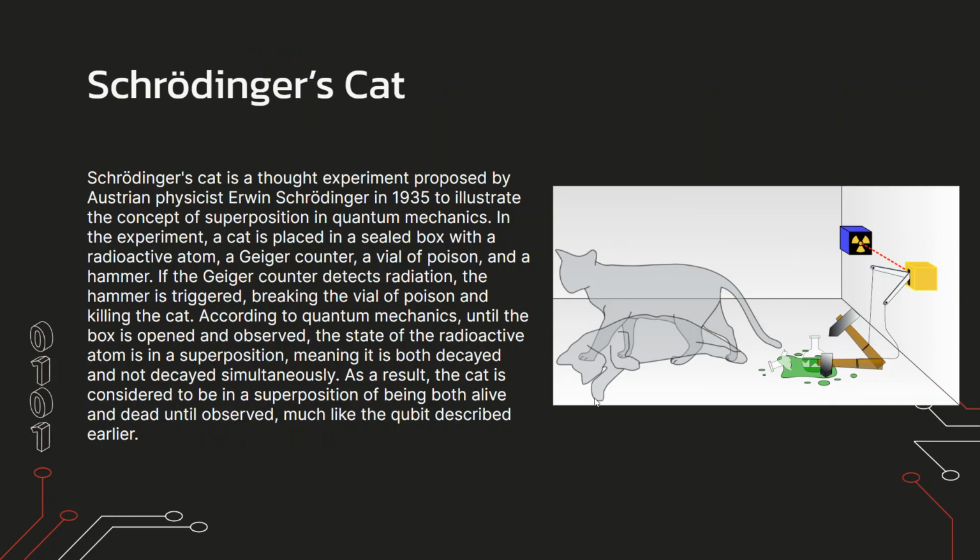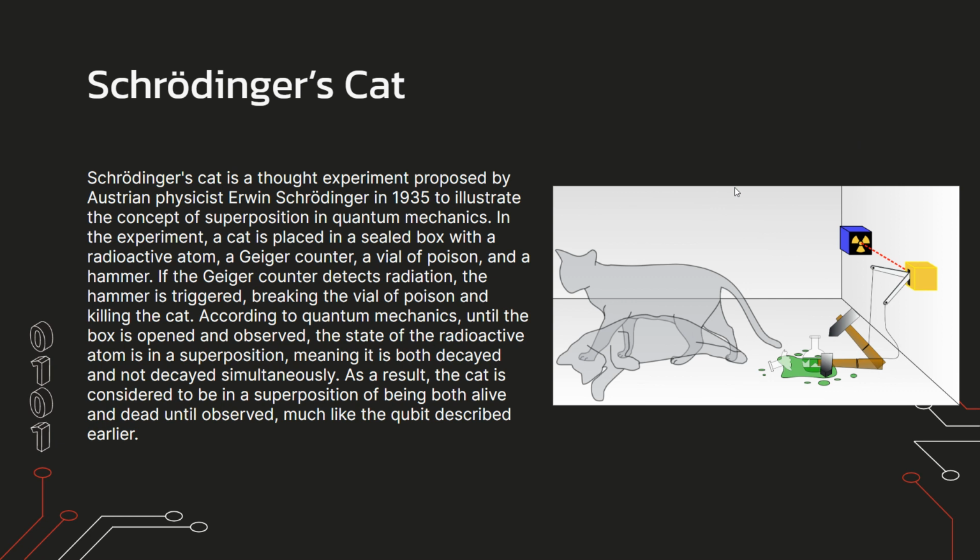A common example of qubits, or just quantum mechanics in general, is Schrödinger's cat. It's basically a thought experiment proposed by Austrian physicist Erwin Schrödinger in 1935 to illustrate the concept of superposition in quantum mechanics. In the experiment, a cat is placed in a sealed box with a radioactive atom, a Geiger counter, a vial of poison, and a hammer.